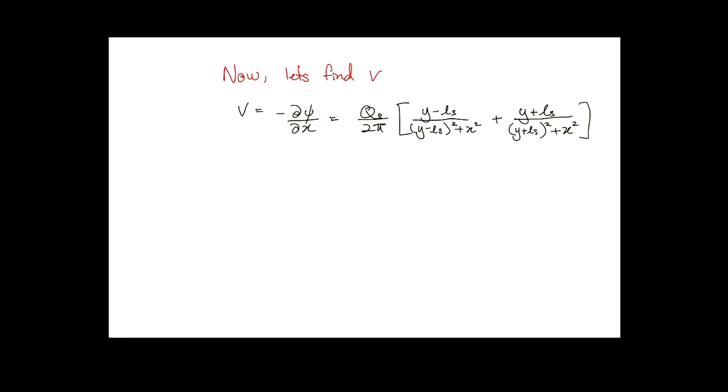So you get these terms for both the source and the image of a source, and minus qe over 2 pi, y minus le squared plus x squared plus y plus le squared plus x squared.